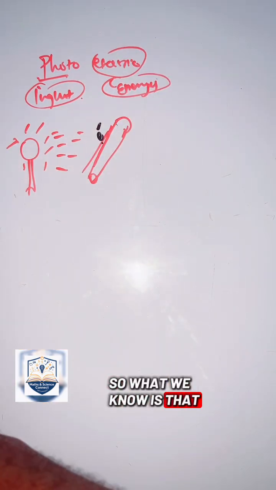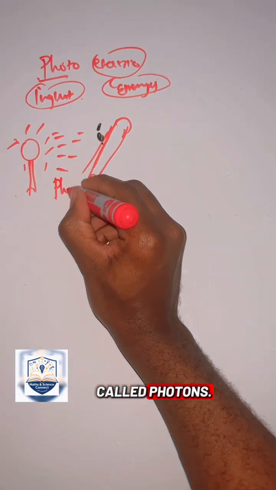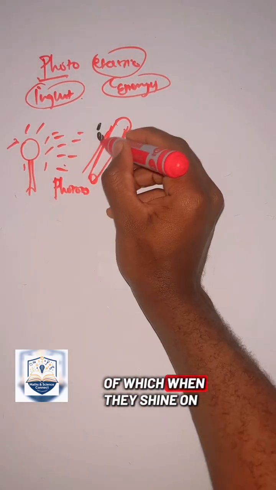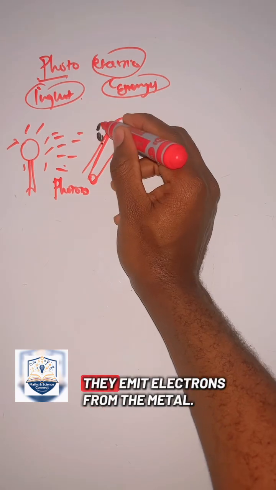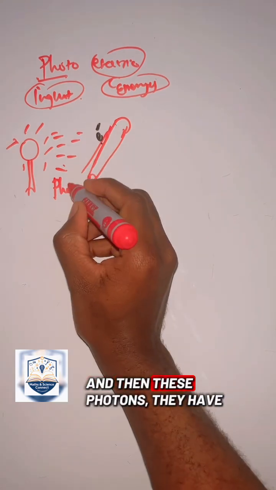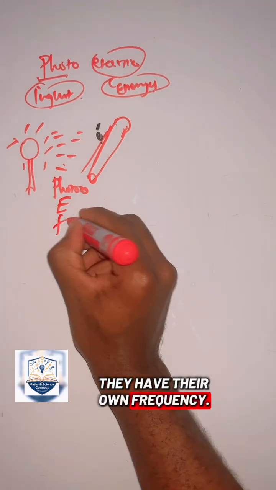Light has particles, and the particles of light are called photons. When photons shine on the surface of a metal, they emit electrons from the metal. These photons have their own energy and their own frequency.